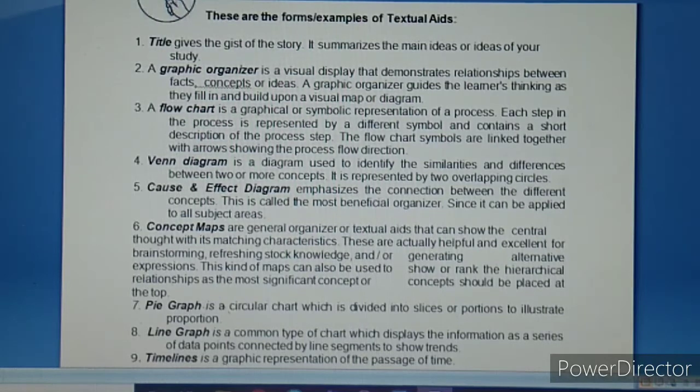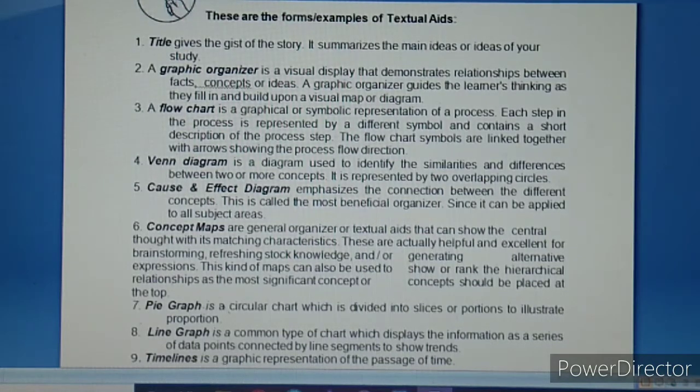These are helpful and excellent for brainstorming, refreshing stock knowledge, and generating alternative expressions. These kinds of maps can also be used to show or rank the hierarchical relationships, as the most significant concepts should be placed at the top.